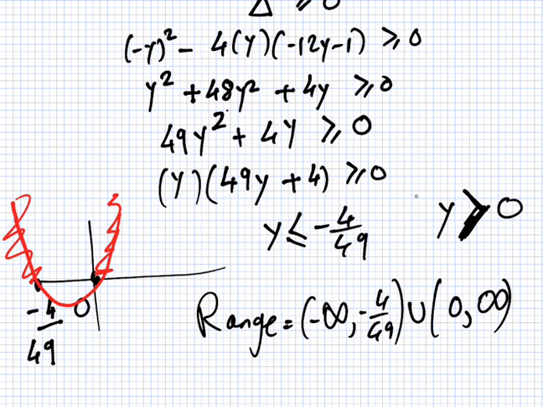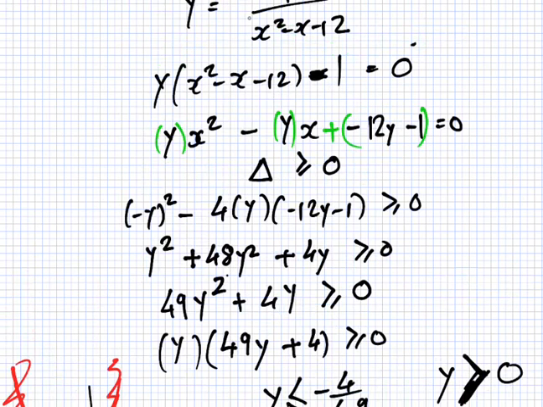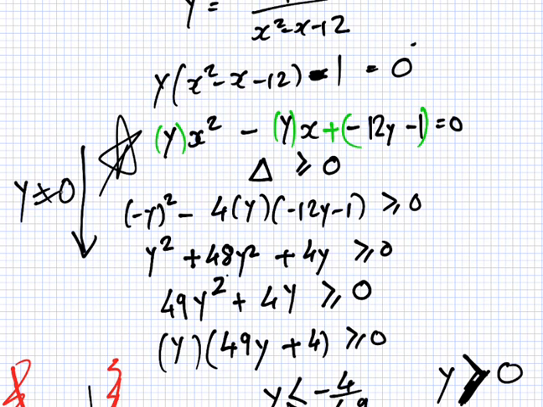The answer is, what type of equation is this here? Quadratic. As long as what? The y is not 0. If the y was 0, would it be quadratic? No. So I'm only allowed to continue from here if I say the y is not 0, because that discriminant is for quadratic.